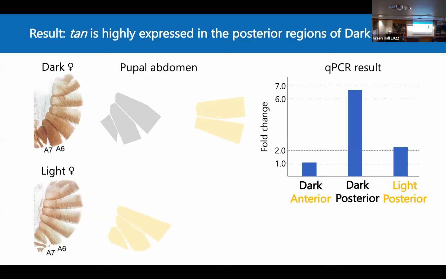And as a result, tan is highly upregulated at the posterior region of dark females compared to other genotypes or other segments. When the segments were compared within the same genotype, the difference in the expression was significant. And when the expression was compared between the genotypes, the expression difference was significant.